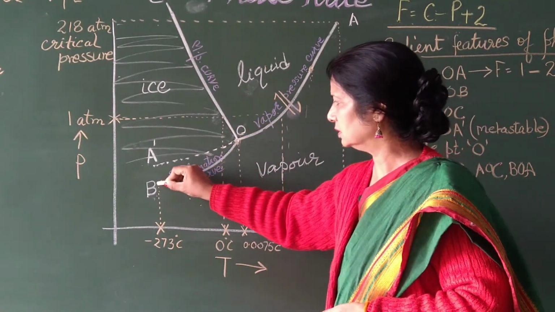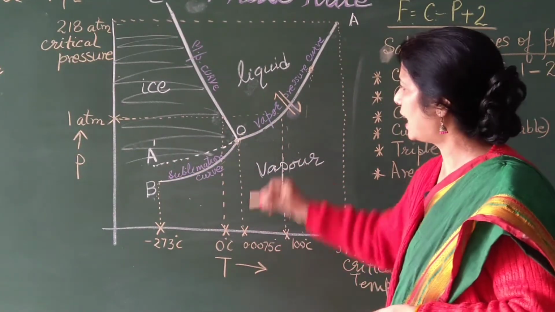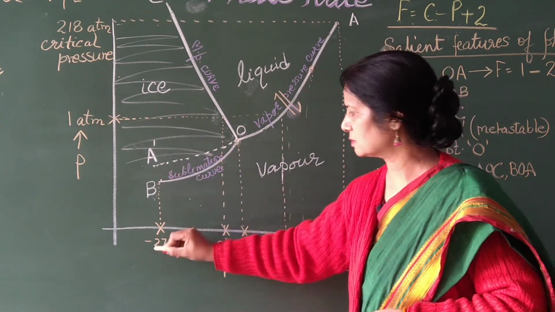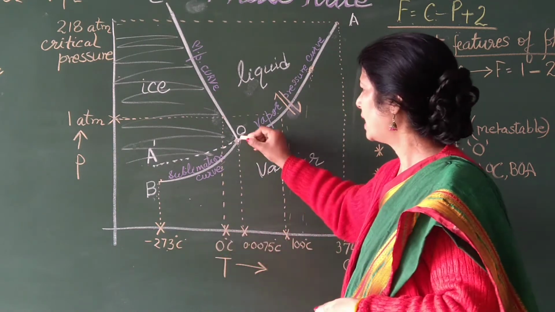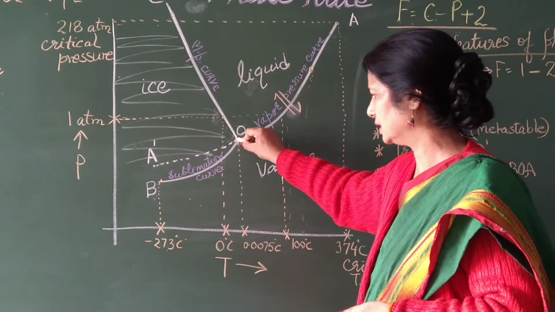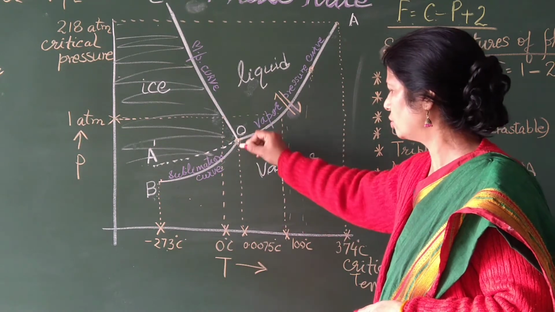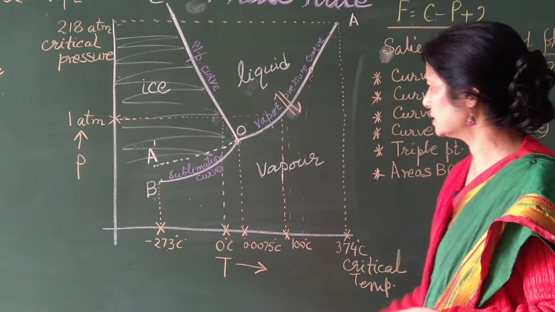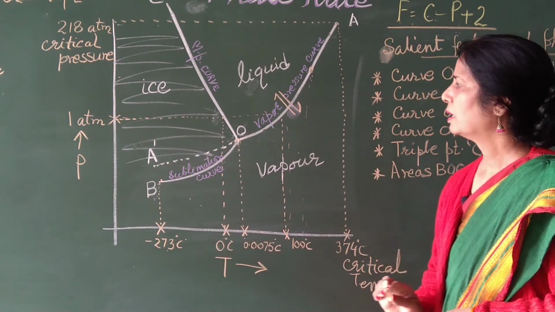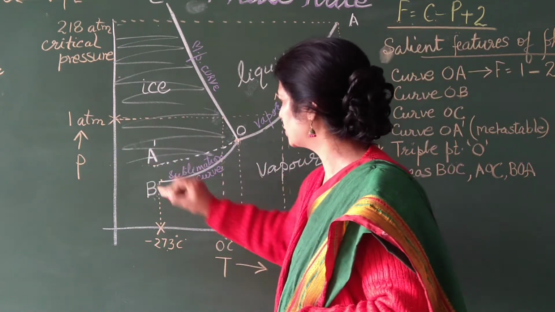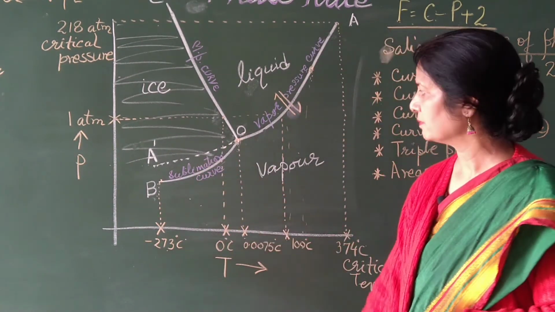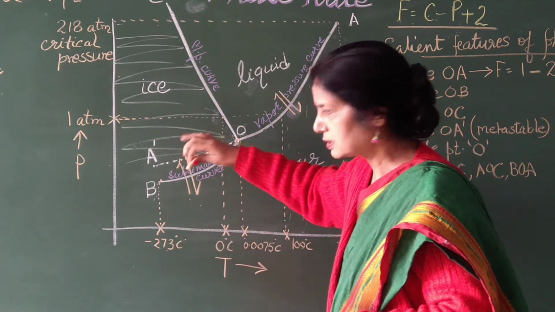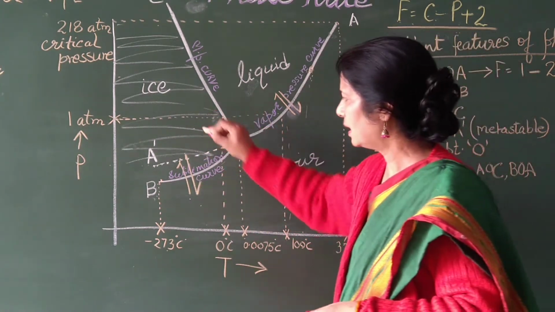This signifies the sublimation curve, and it extends up to absolute zero, that is minus 273 degrees centigrade, sorry, from 0.00575 to minus 273 degrees centigrade. So these are the coordinates of OB, and this also shows the effect of pressure and temperature on the sublimation of ice, and the two phases which coexist on this curve are ice and the vapor state.